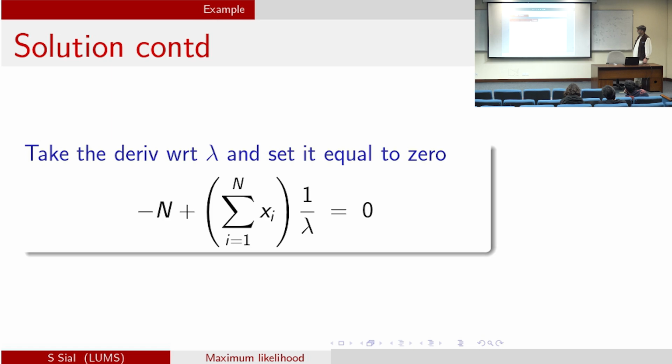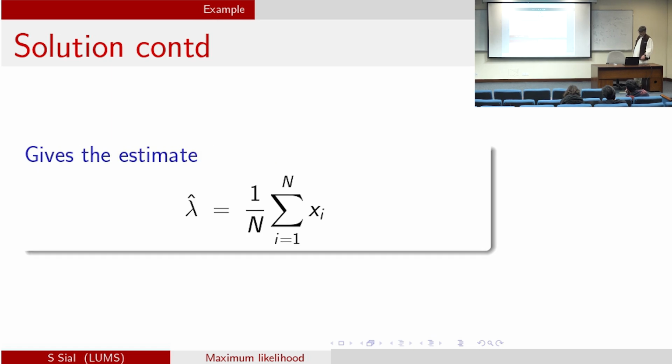And then our estimate for lambda, which makes that equal to 0, is the mean of the xi's that we got. What's the expectation? X bar. Yeah, okay. So we estimate our lambda as the average of the results that we saw when we did our experiment.